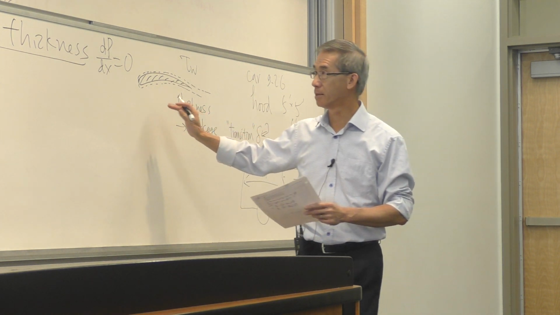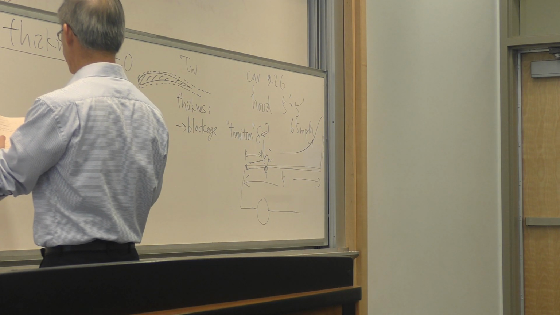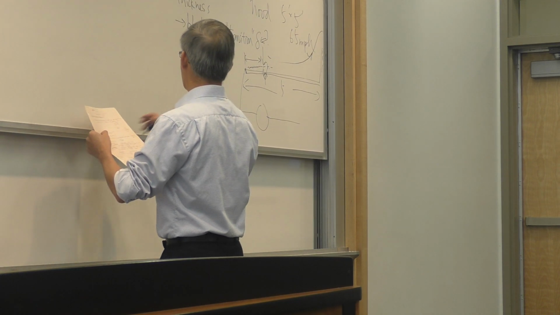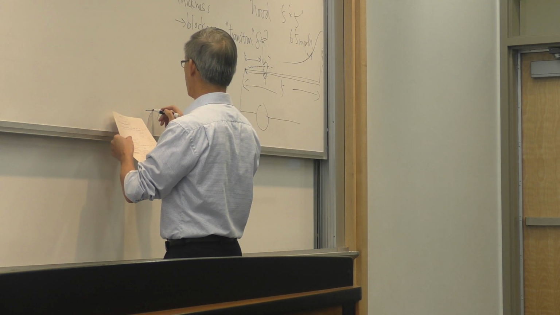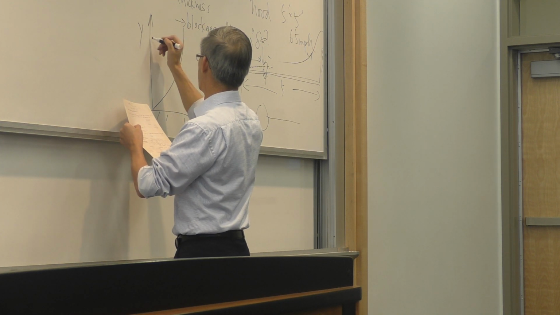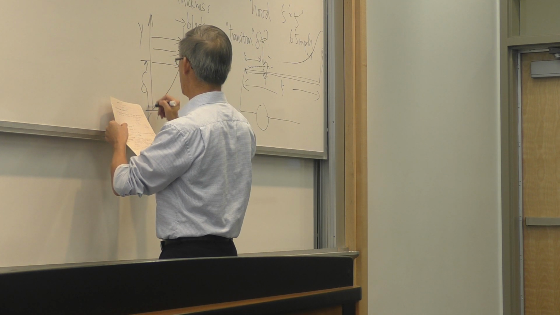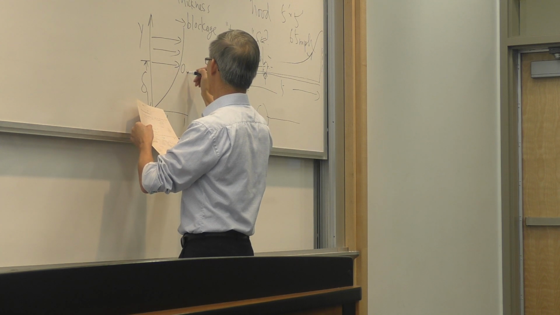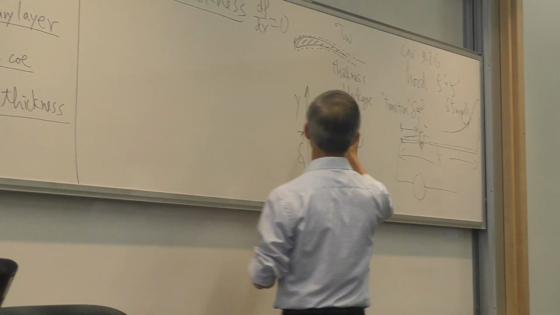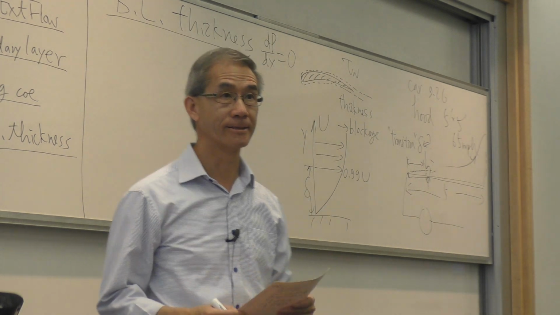So a lot of background here, but what we define as the thickness of the boundary layer, and we call it delta, is this: if I start from the solid wall and sketch a velocity profile, at a distance y from the wall where the velocity is 99% of that of the free stream, that distance from the wall we call the boundary layer thickness.